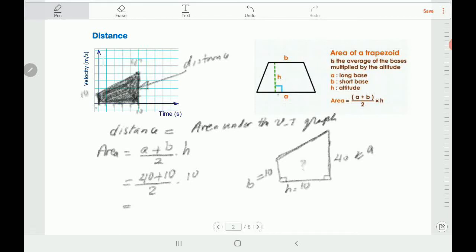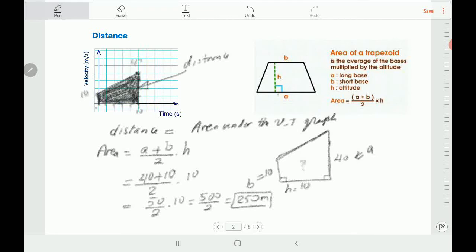So you have 40 and 10 is equal to 50. 50 over 2 times 10, it's equal to 500 over 2, 250, and the unit is meter. So the distance traveled by the car is 250 meters.